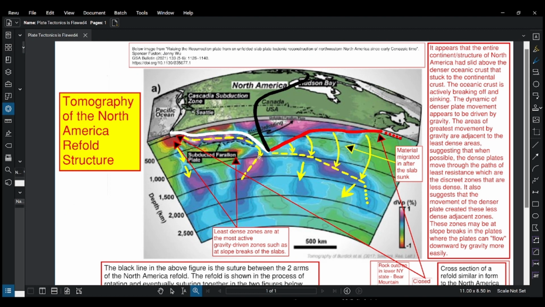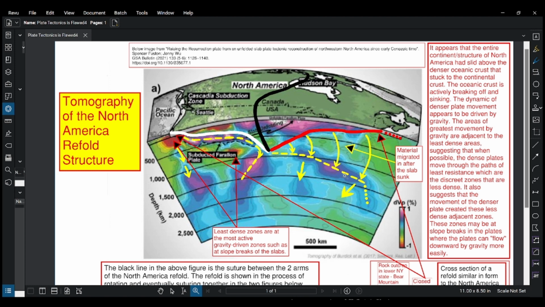And what could this be, this purple stuff here? Could it be that the refold structure actually went on top of an old oceanic plate here and here, which is now dropping off from gravity? So where it steepens, it suddenly drops off. There's a slope break here. So where there's a slope break, it suddenly says, I'm going to go, and I'm taking you with me.